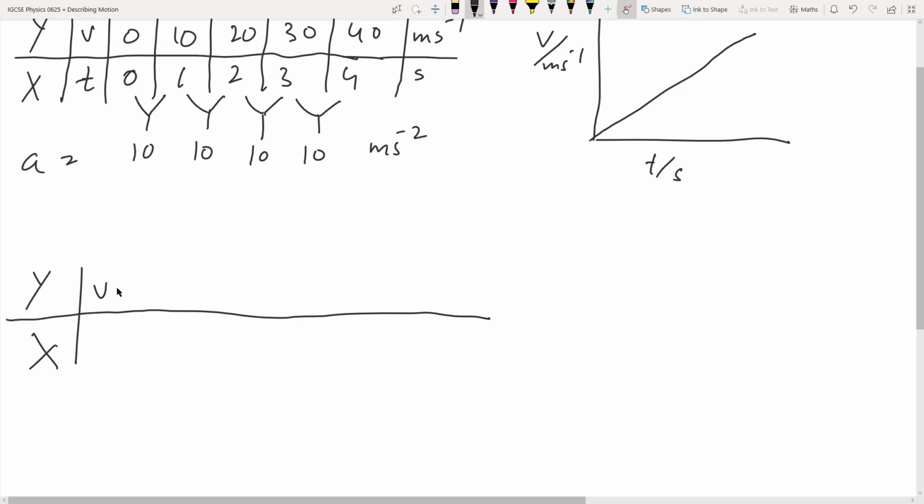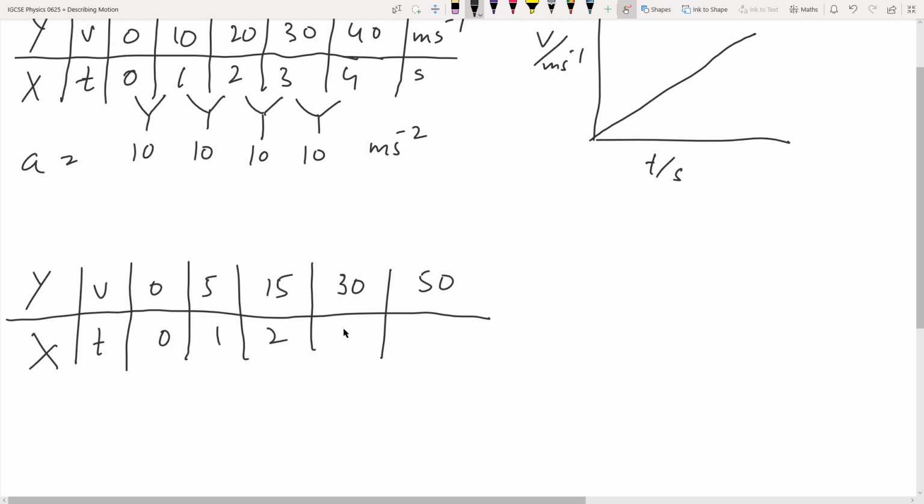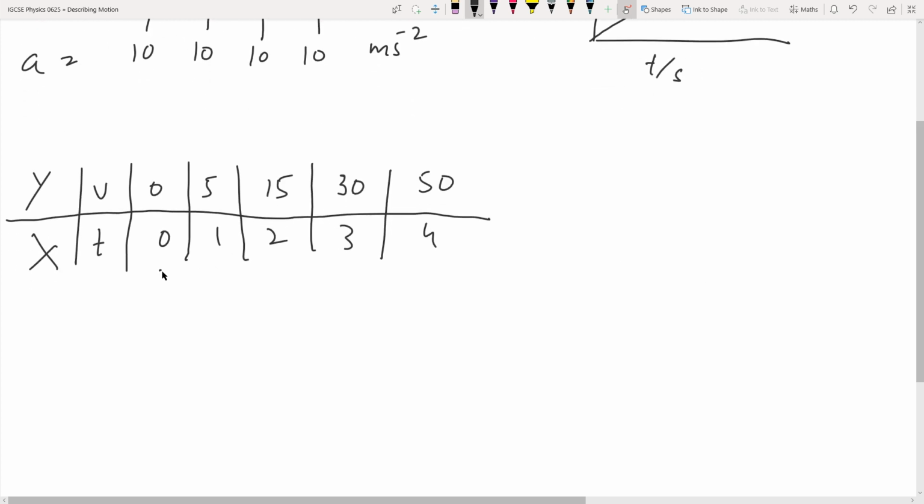So let's just say we have speed from 0, it goes to 5, it goes to 15, it goes to let's say 30, and it goes to 50, and the time I'm still going to take as 0, 1, 2, 3 and 4. Again, this is for the sake of ease. Now if I just take the difference between these 2 points, I'm going to write the formula just once for understanding, and then I'm going to draw all these.